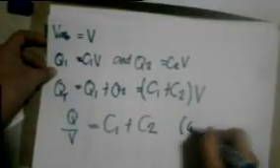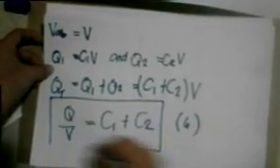Q over V. By the way, this is our equation 6. Q over V equals C1 plus C2. So from equation 6, Q over V is equal to C1 plus C2. We can rewrite this as C equivalent equals C1 plus C2.